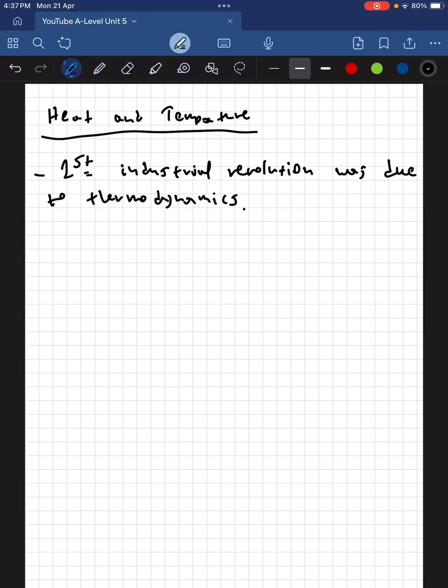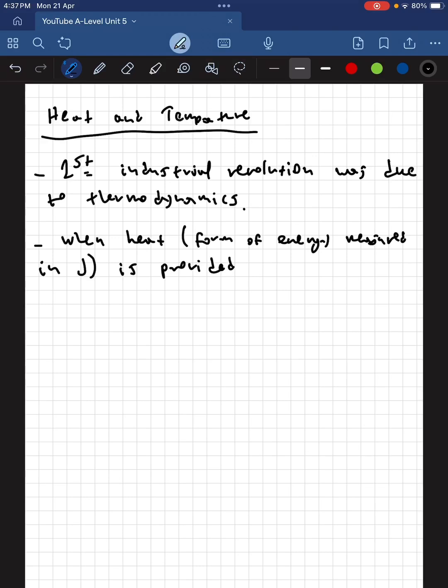So let's define what heat is to begin with. When heat, which is a form of energy measured in joules, okay, is provided to a substance, and this substance is usually a solid, a liquid, or a gas.